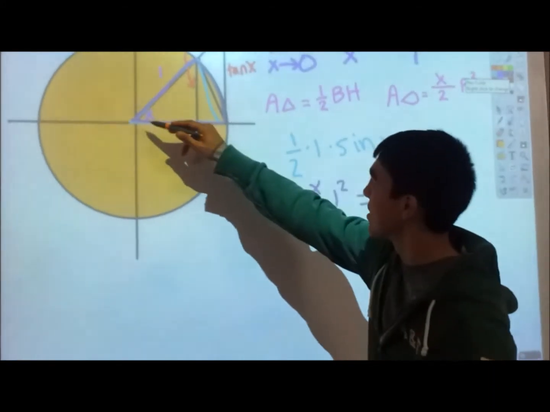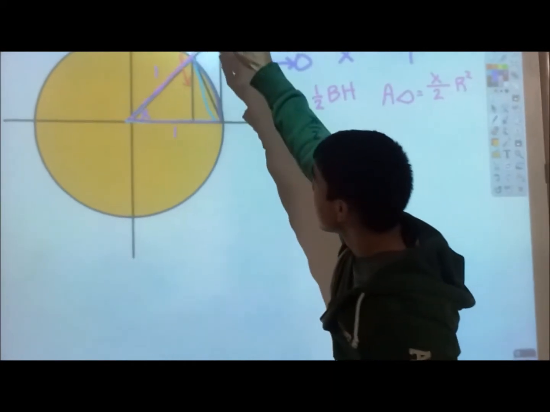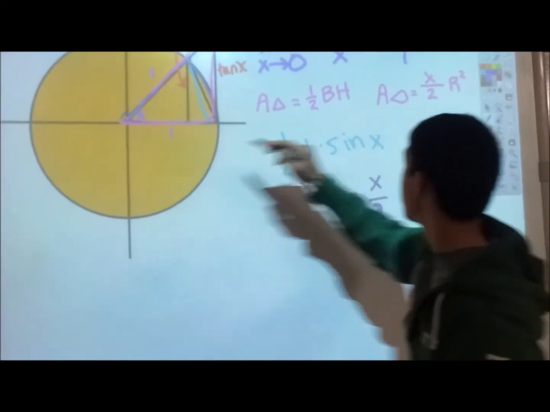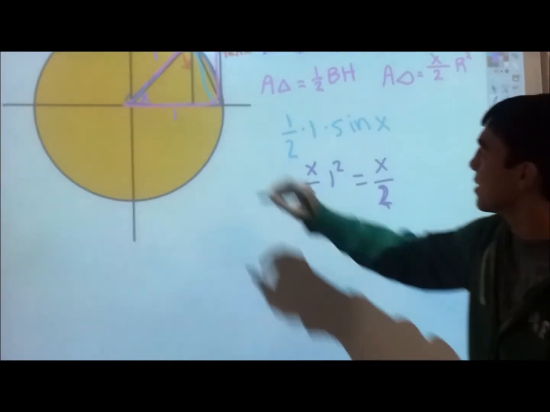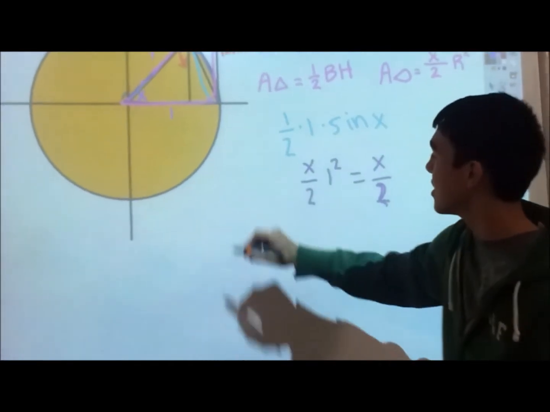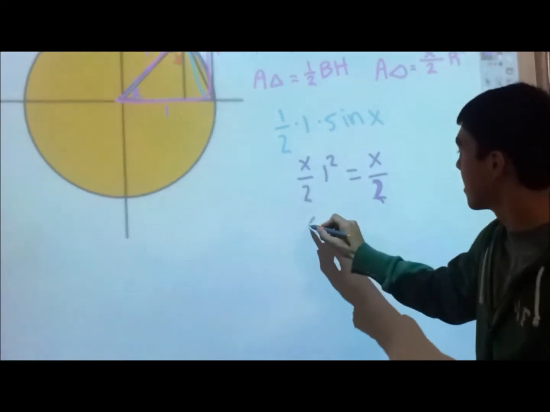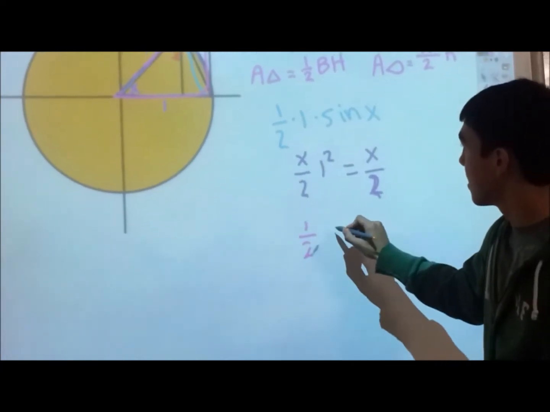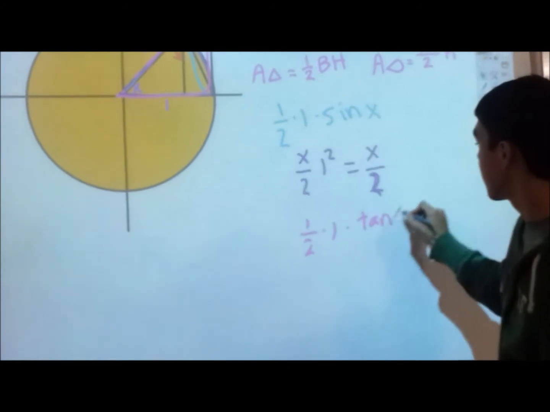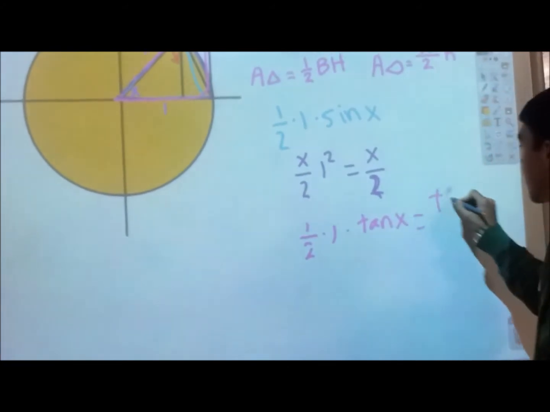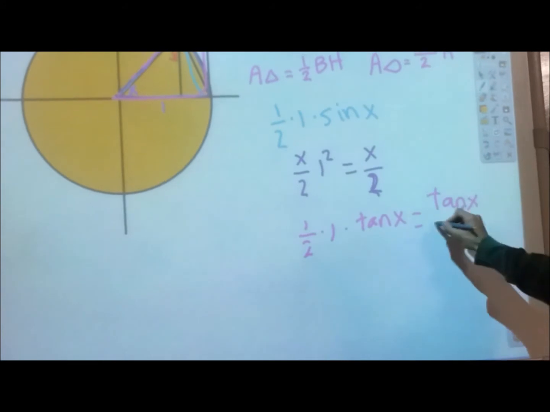The bigger triangle has the same formula: area equals 1/2 base times the height. The base is 1, the height is tangent of x, so that is tangent of x over 2.